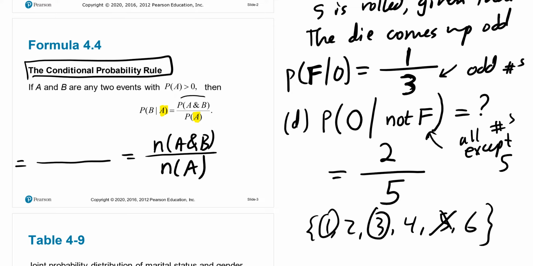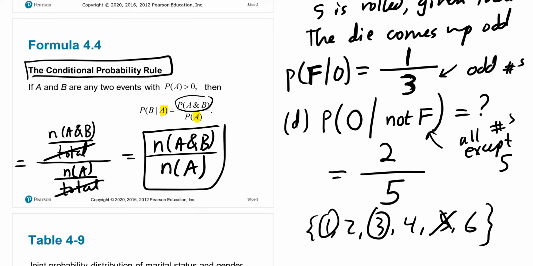To find the probability on top, you take how many are in A intersection B divided by the total, and the probability of A is how many are in A divided by the total. The totals cancel, and that's why we get this. So to find the probability of B given A, all I need to do is take how many in A and B divided by how many in A. It makes things easier for us.